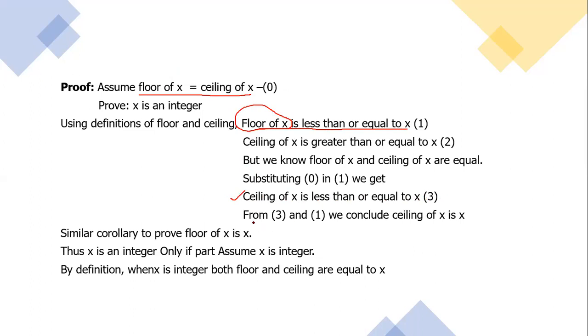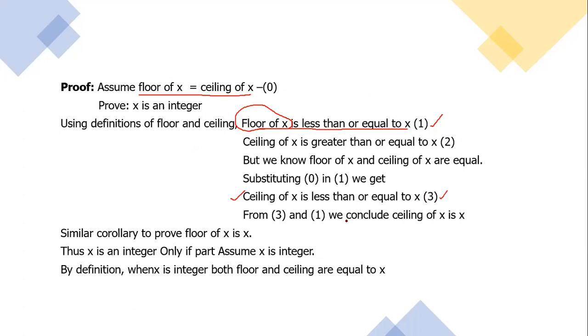Okay, so now from this third equation and the first equation, I can conclude that the first equation is nothing but floor of x is less than or equal to x, and ceiling of x is less than or equal to x. Both are the same, right? But in the name, floor and ceiling are different.